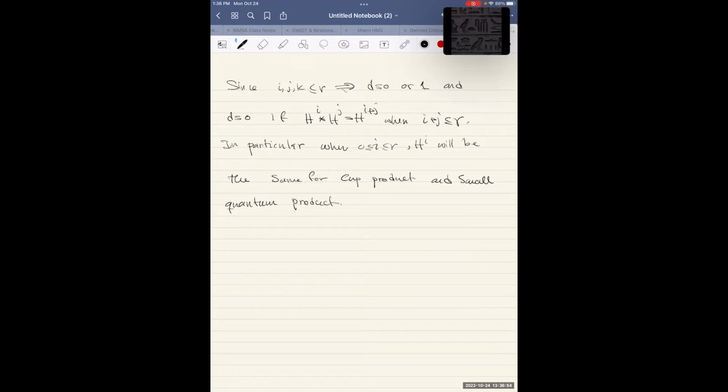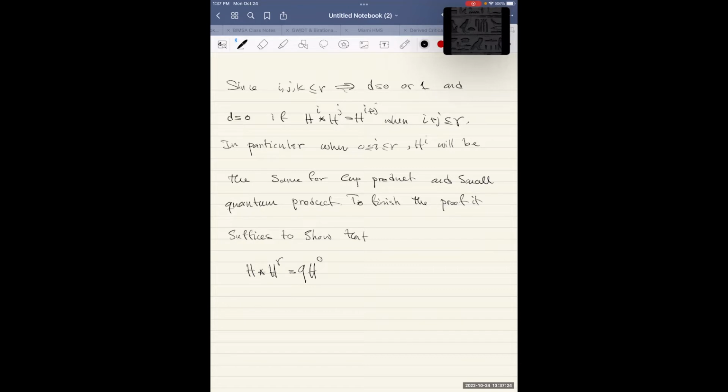This is a fact. So to finish the proof, it suffices to show that H star product with H^R is q to the H^0, right?